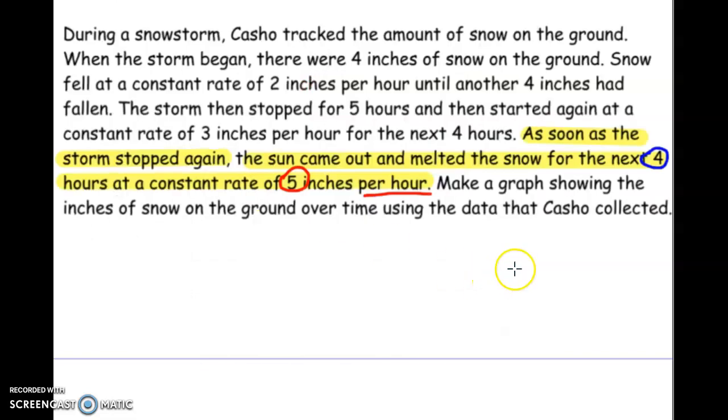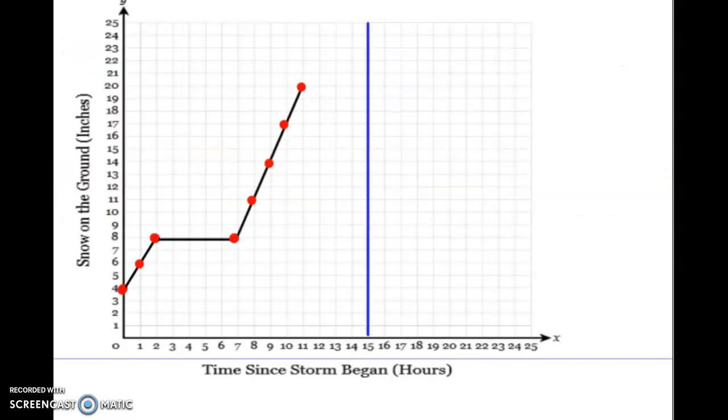The last part: as soon as the storm stopped again, the sun came out and melted the snow for 4 hours at a constant rate of 5 inches per hour. So we know it's going to melt for 4 hours, 5 inches every hour. I'm going another 4 hours to the right, which is 15, and then I do my rise over run.